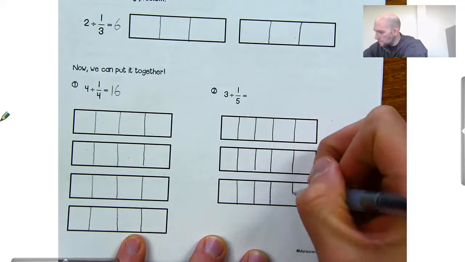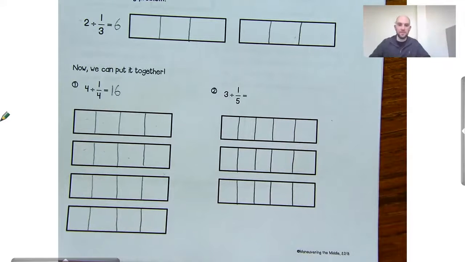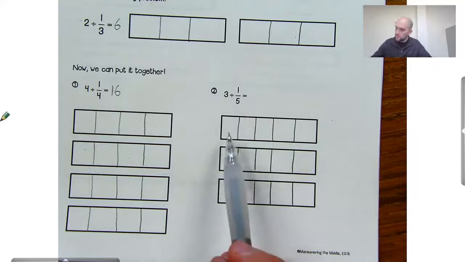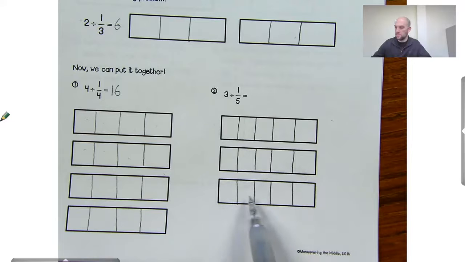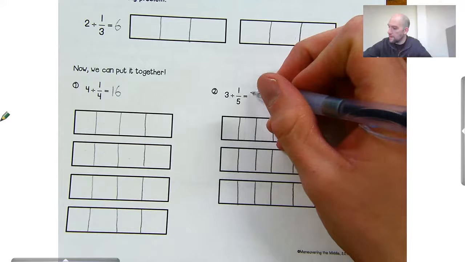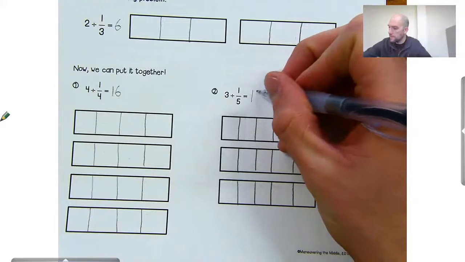I probably could have done a better job making those all the same size, but we just need to count up our shares, so this will work for our purposes. 1, 2, 3, 4, 5, 6, 7, 8, 9, 10, 11, 12, 13, 14, 15. We have 15 altogether. 3 divided by 1/5 is 15.